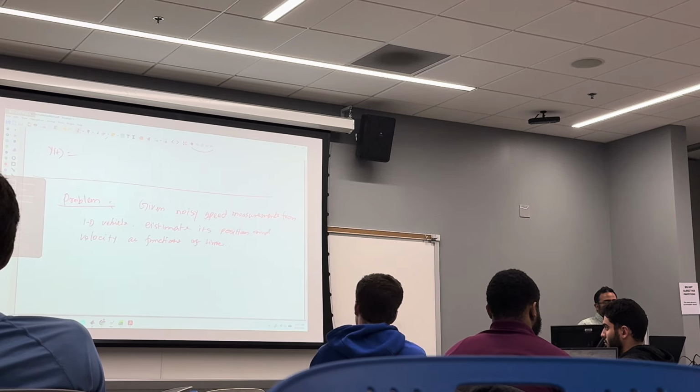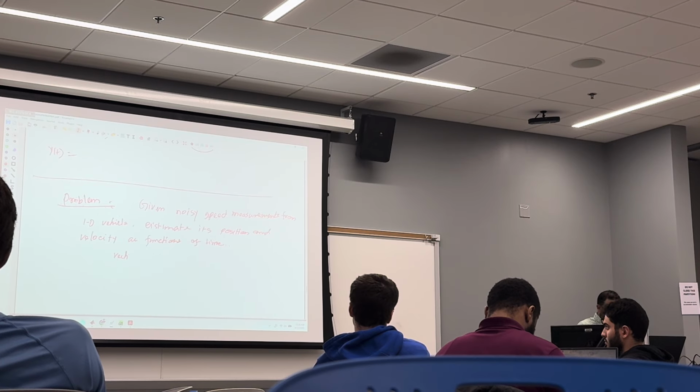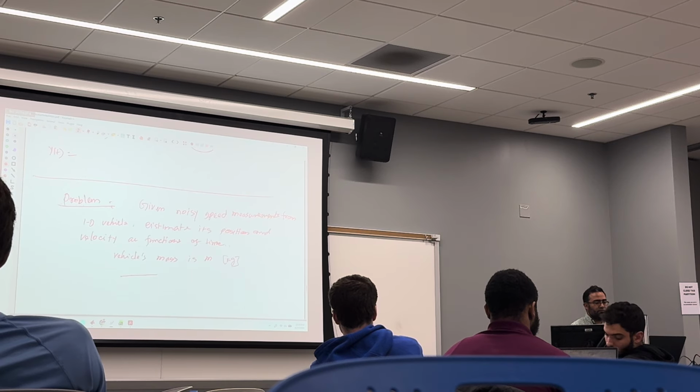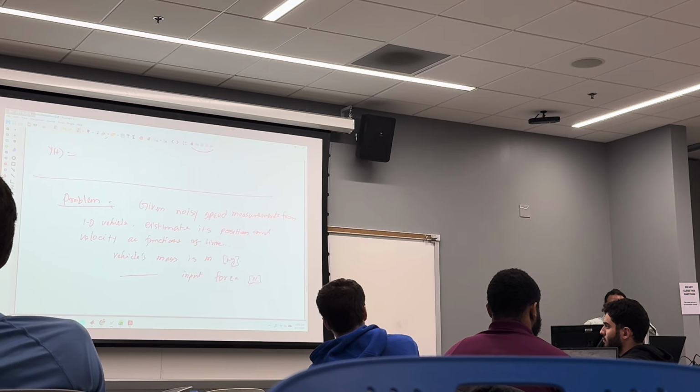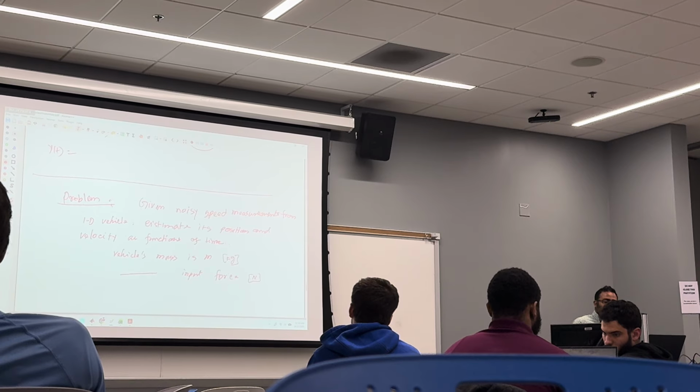And all the parameters that you are given are that the vehicle's mass is m in kilograms, and the vehicle's input is force in Newtons. So you apply a certain force, but this force is going to be noisy as well.